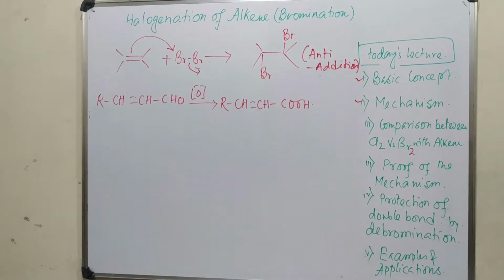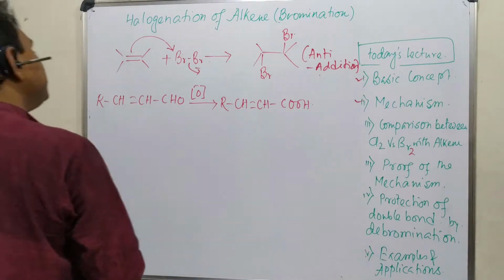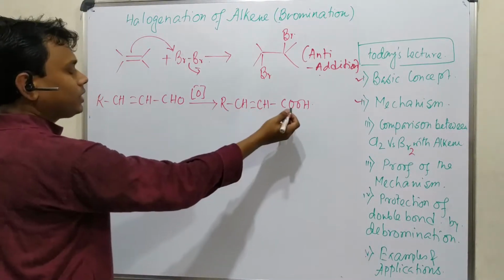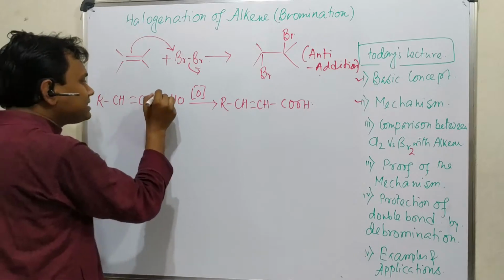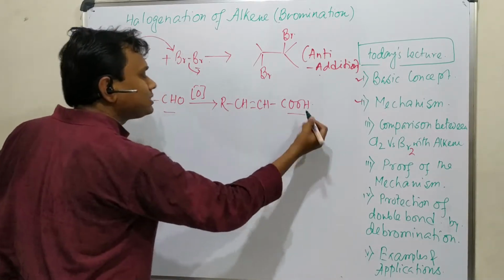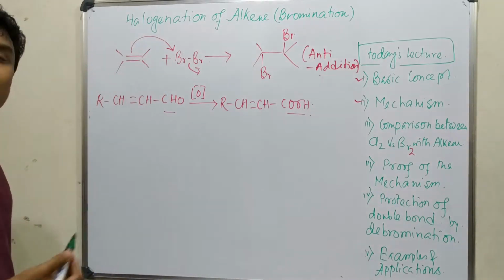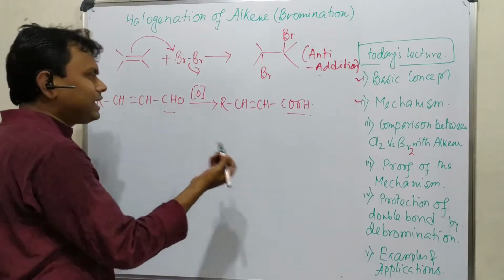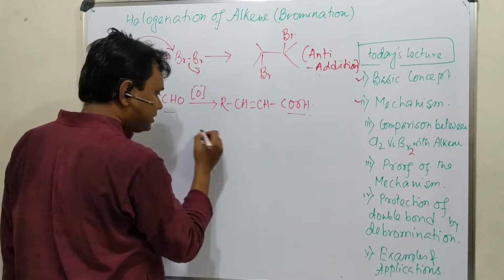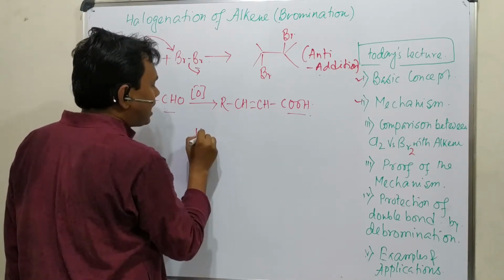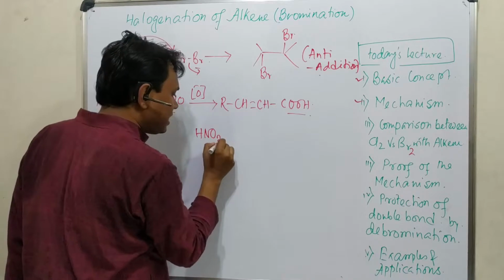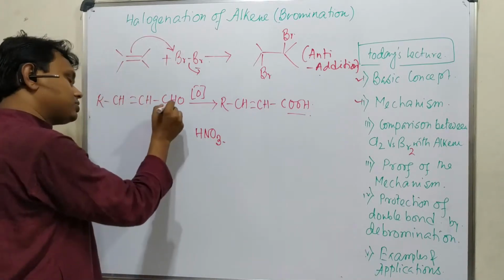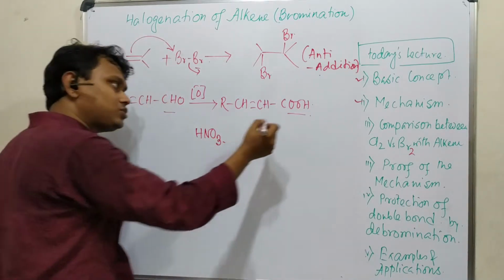Here you can see that we need a particular oxidation. This aldehyde needs to be oxidized into a carboxylic acid. So the question is how we can achieve it. If we use a normal oxidizing agent, for example nitric acid, an easily available oxidizing agent, then it is expected that this aldehyde will be oxidized to the corresponding acid.